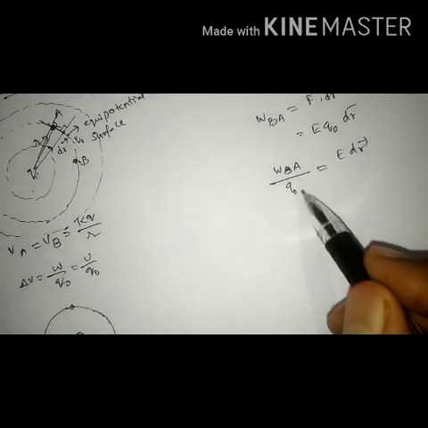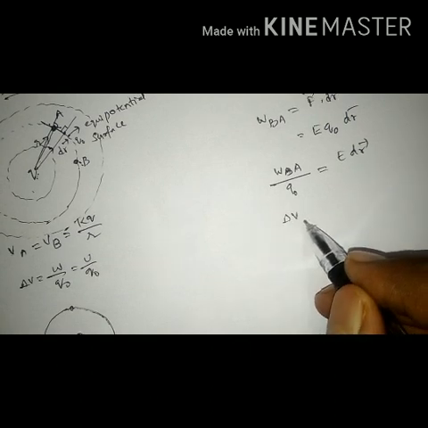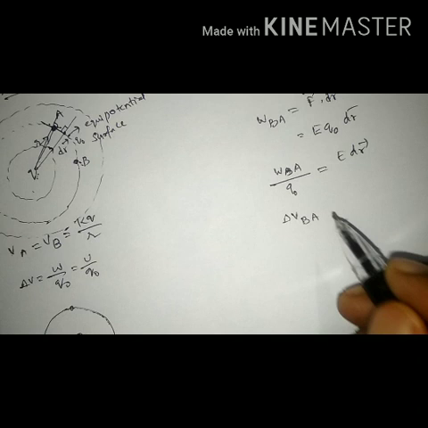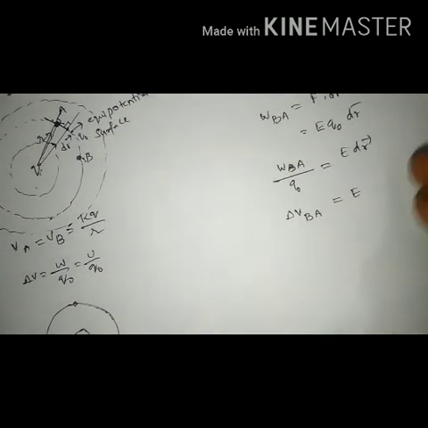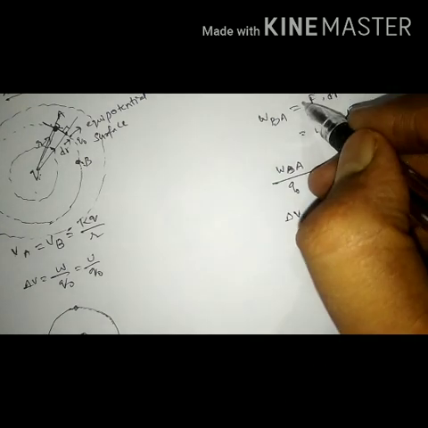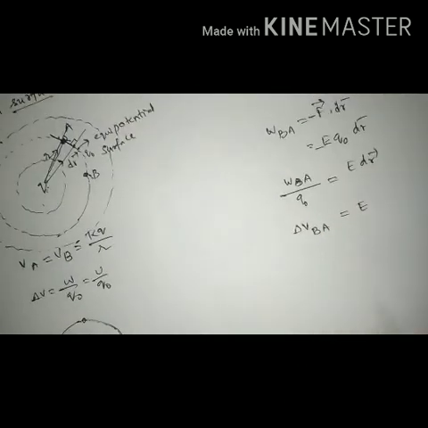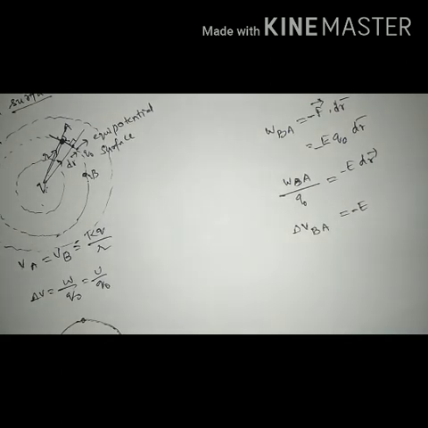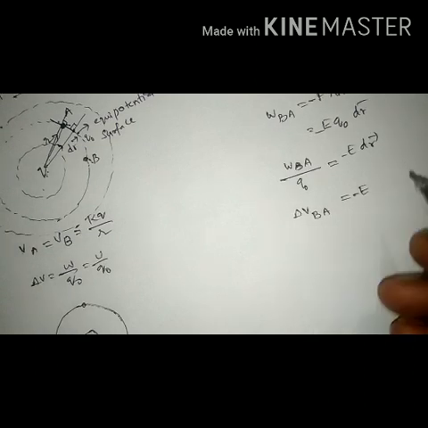We call this work done per unit charge the potential difference, delta VBA. Here we are moving the charge opposite to the force, so we take it as minus. Then we can write delta VBA equal to minus E dot dr bar.